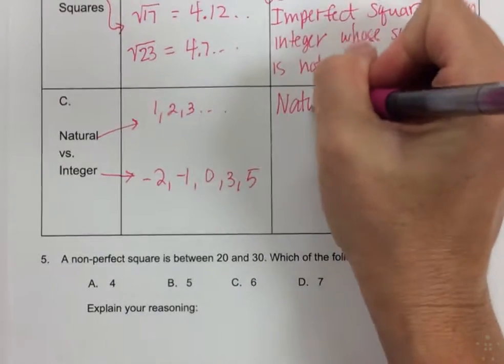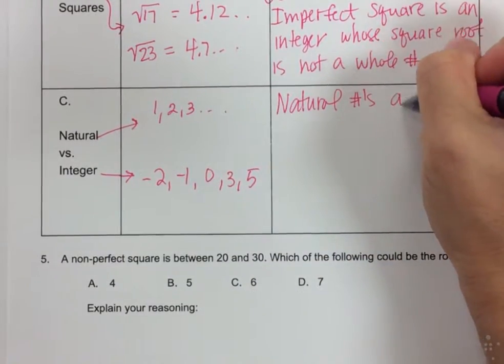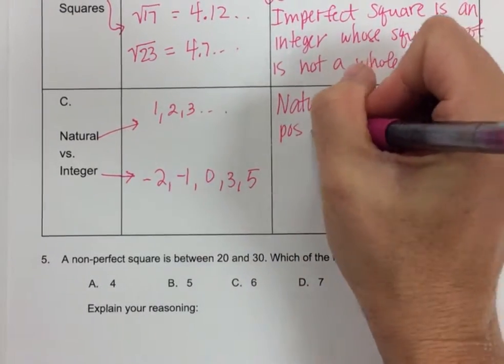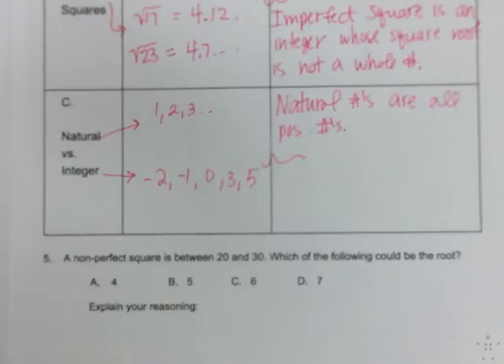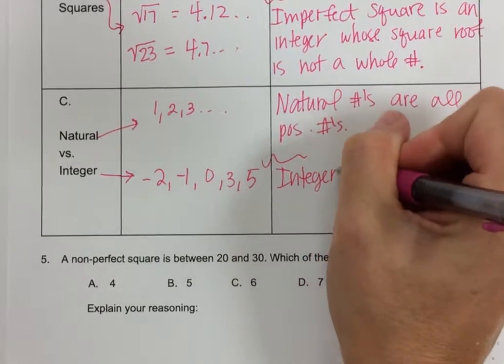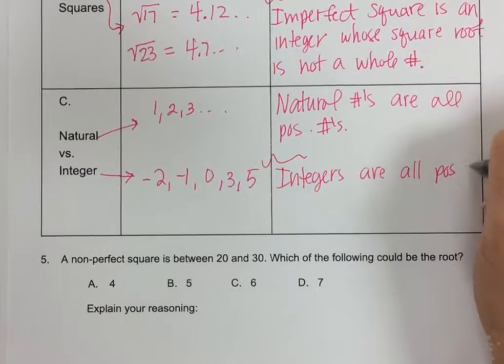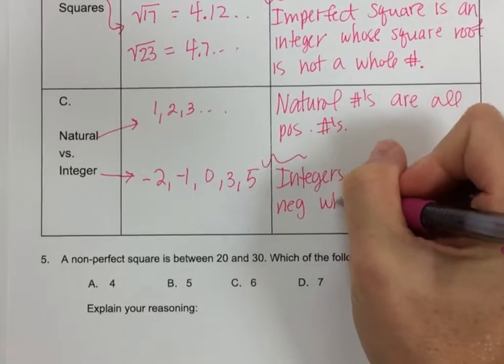Natural numbers are all positive numbers. So that's all your positive numbers. And your integers are all positive and negative whole numbers.